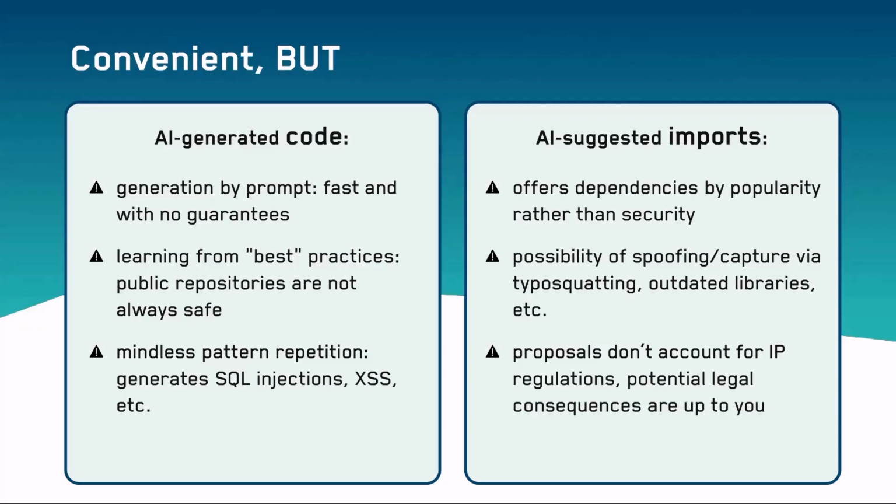And if we shift our focus to AI-suggested imports, then nothing's rosy here either. Once again, they offer dependencies by popularity rather than security. And there is nothing you can do about this reasoning. It's solid, but it's also prone to vulnerabilities.